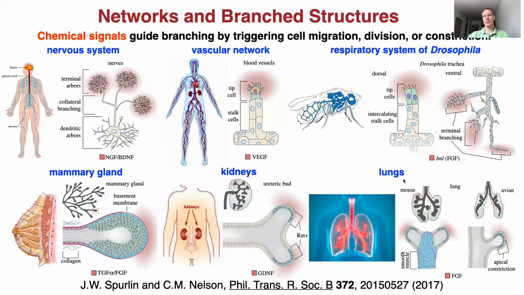Depending on the type of structure, sometimes these signals cause the cells to migrate toward the signal, as in the nervous system and vascular networks. Sometimes they cause the cells to start dividing more, which is the case in the mammary gland. And sometimes these signals cause constriction of some cells, as we'll see later.